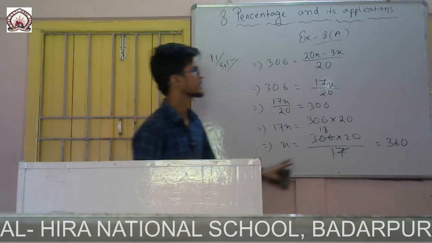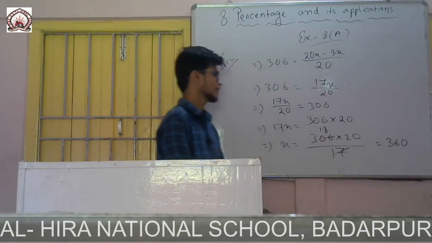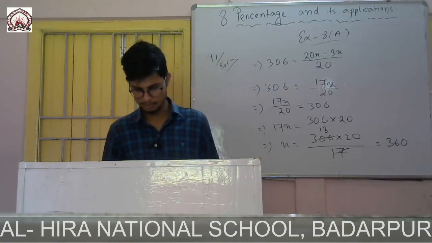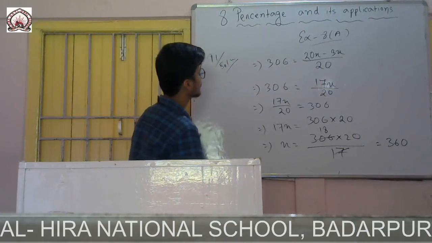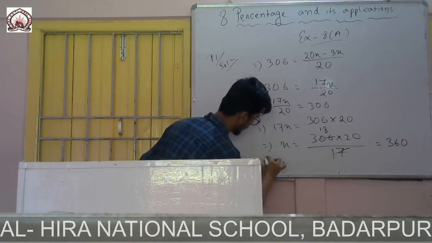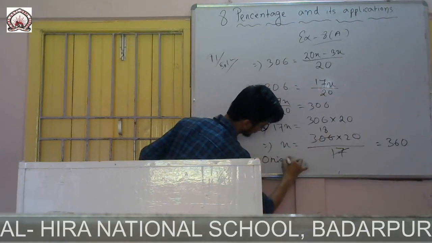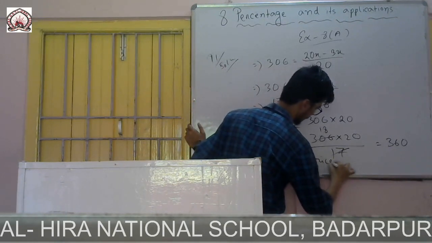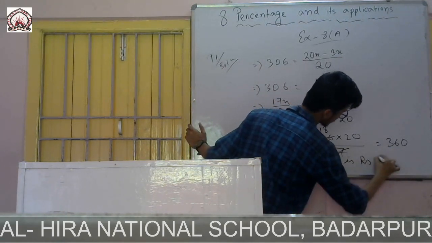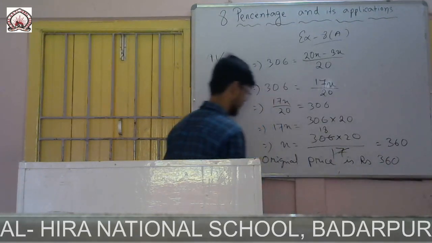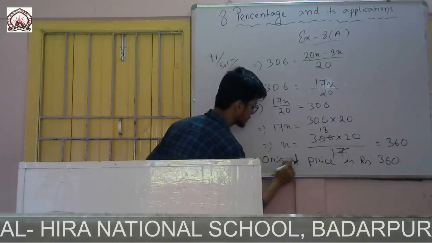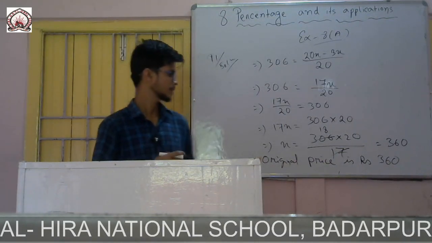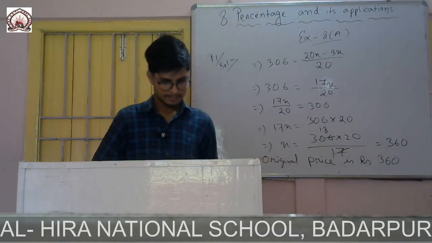The value of x is 360. The question is to find the original price. So you write: therefore the original price is rupees 360.